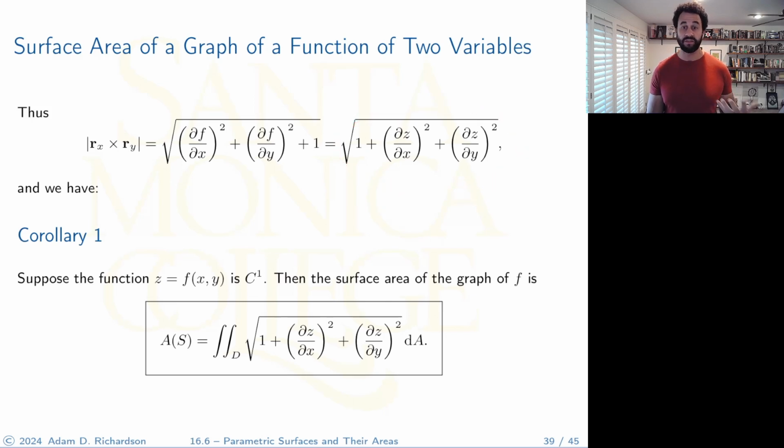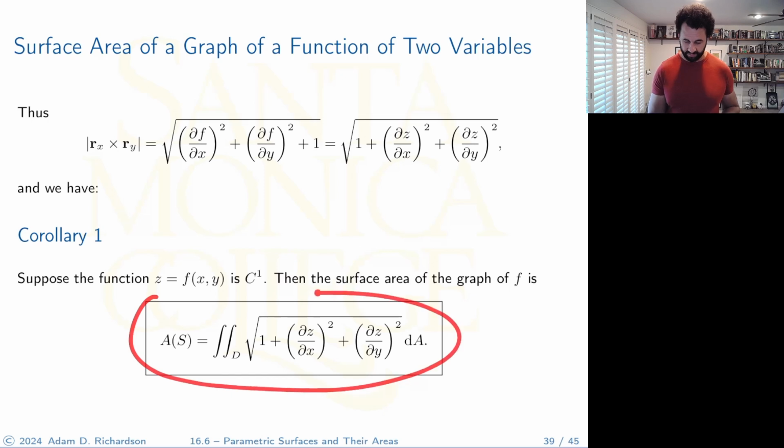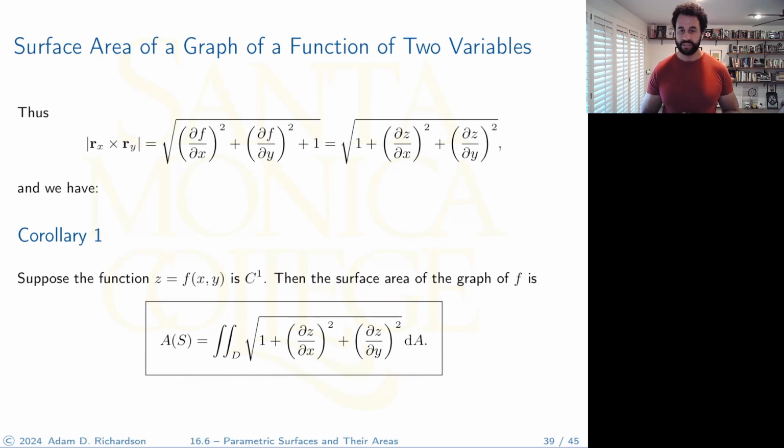So if we want to know the surface area of a function described as a function of the variables x and y, this is the formula. There it is. So again, we are just adding up those values, just like we were before, except now we have an explicit form of this area function, of that magnitude, the magnitude of this thing right here.